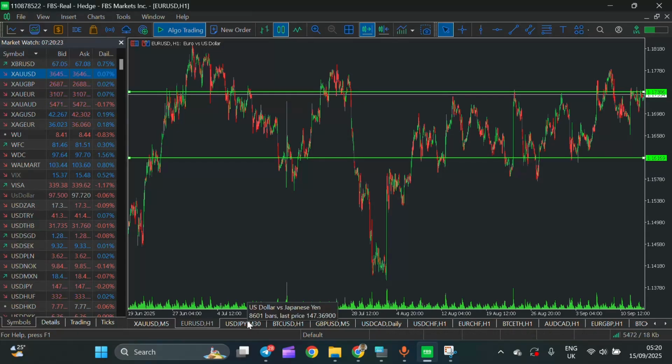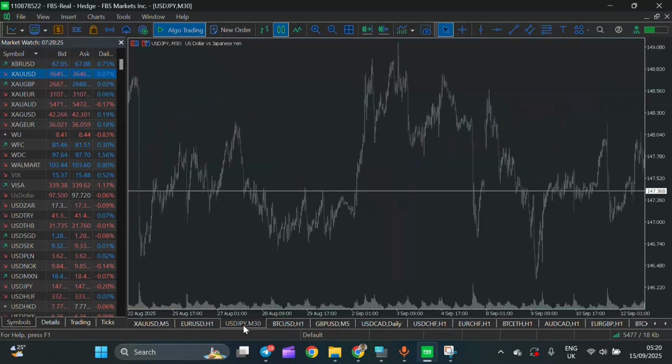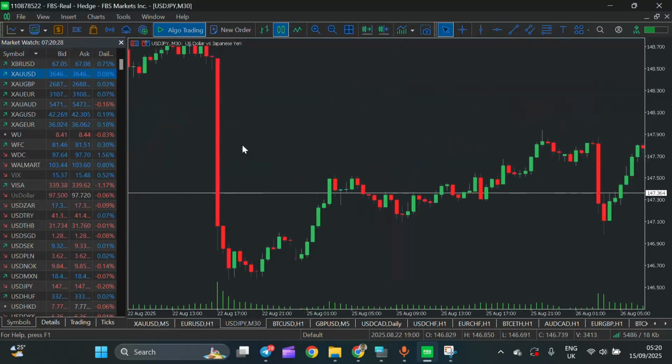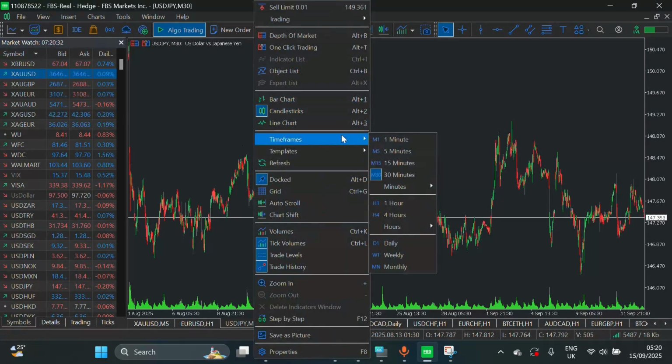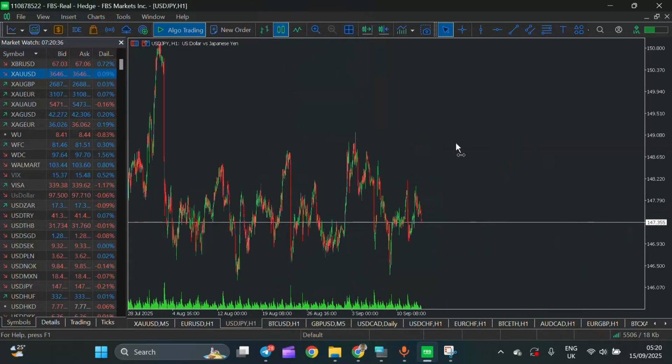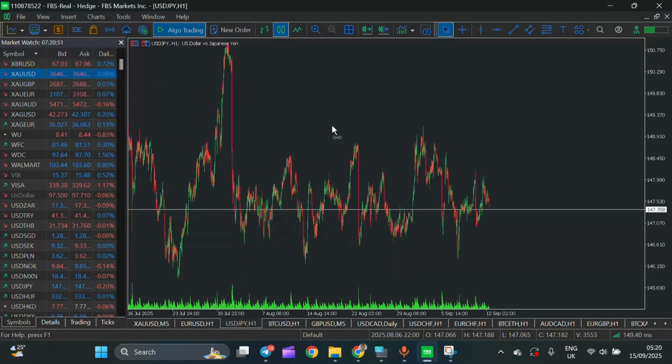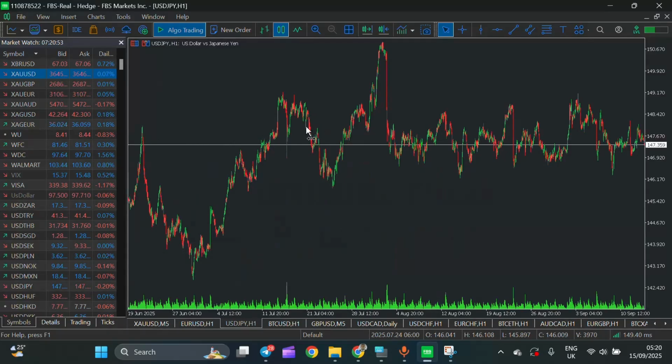So let's get to the USD JPY, right? Starting from the H1, let's just use the H1 right now. Looking at this, you're seeing a lot of consolidation right here. You are seeing a very, very strong bearish candle, taking it even more sideways.